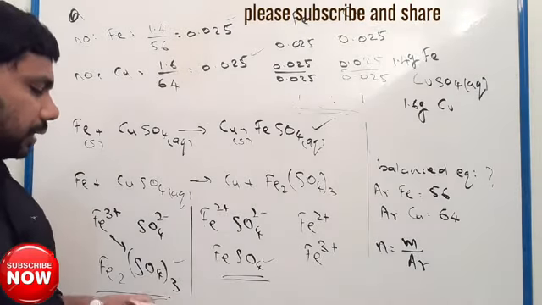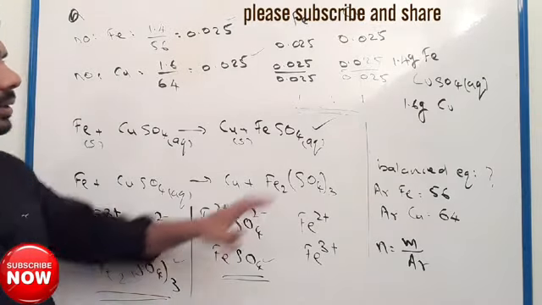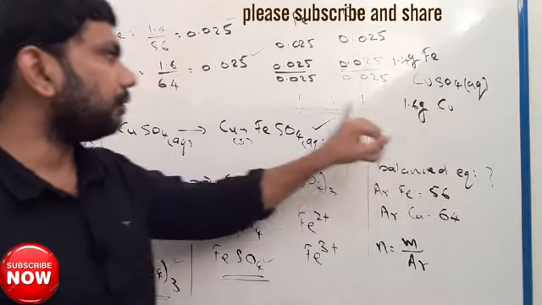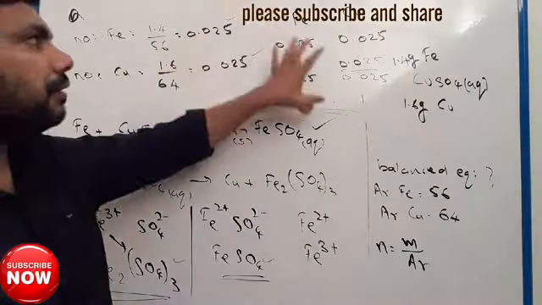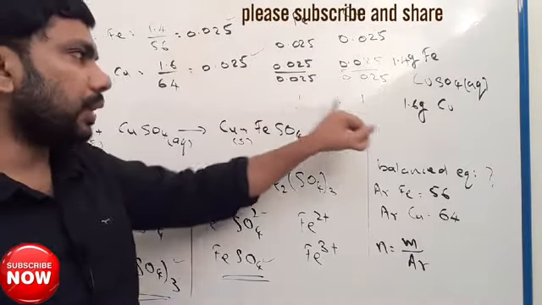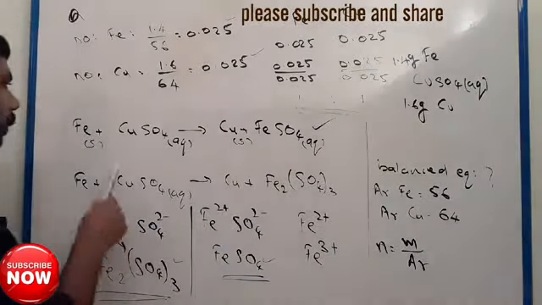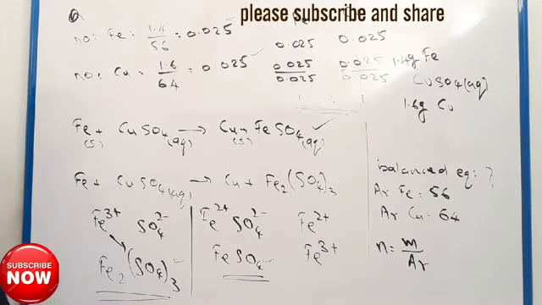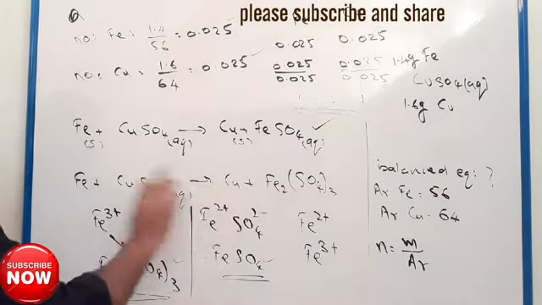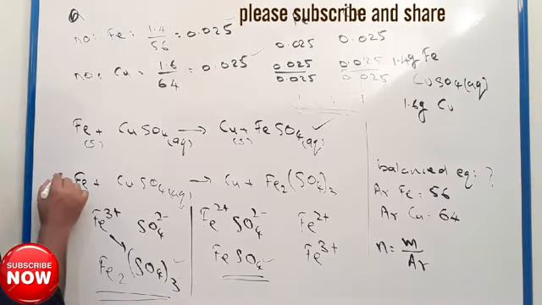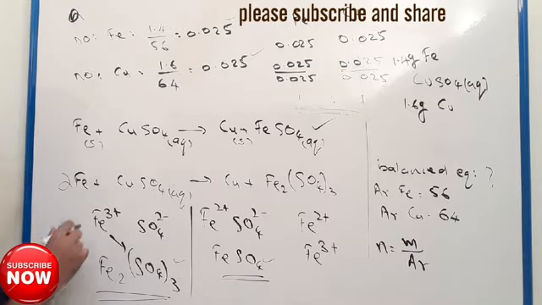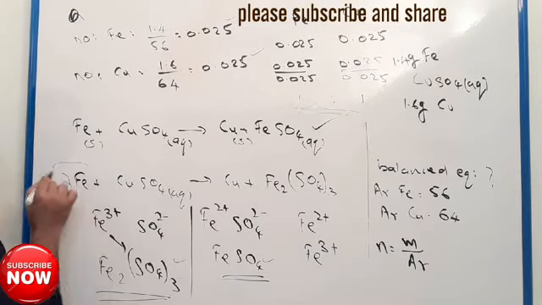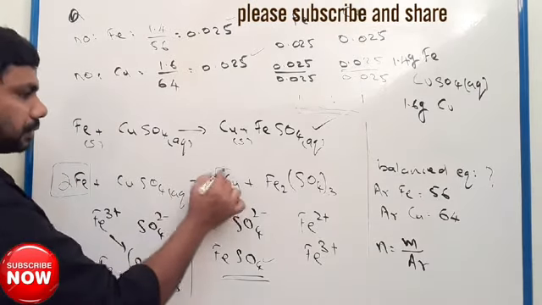Here the question gives this information: 1.4 gram iron, 1.6 gram copper, and we found their number of moles and their mole ratio, iron to copper 1:1. So here we know 1 iron gives 1 copper. To balance the other equation you must write 2 iron, so the ratio of iron and copper would be 2:1, 2 iron giving 1 copper.